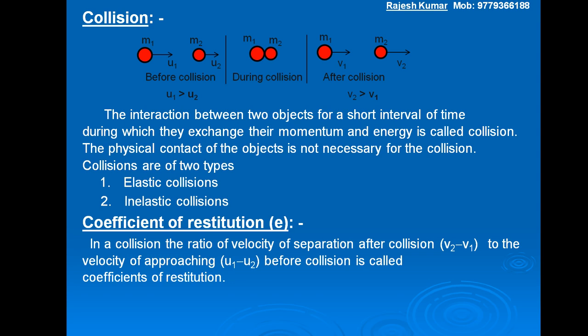That is, before collision the colliding objects approach each other, and after collision the colliding objects move away from each other. Now coefficient of restitution is denoted by small e and is given by e is equal to v2 minus v1 upon u1 minus u2. Put it as equation number 1.